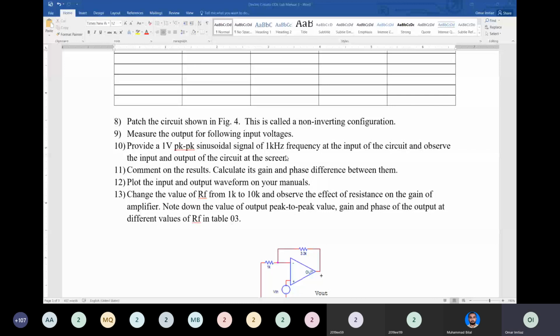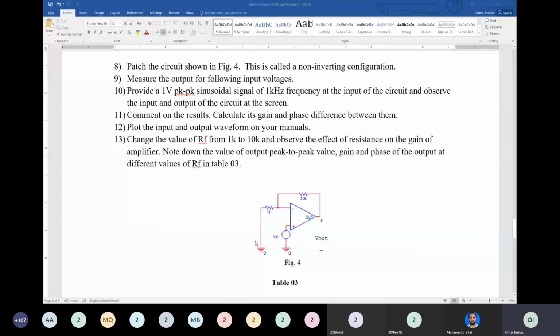So you will have to dig into some detail about AC analysis in LTSpice in order to figure out how to apply this particular voltage on circuits 2 and 3. If you can see my screen, in figure 4, Vin should have a value of 1 volt peak to peak at a frequency of 1 kilohertz. So that is what point 10 is about.